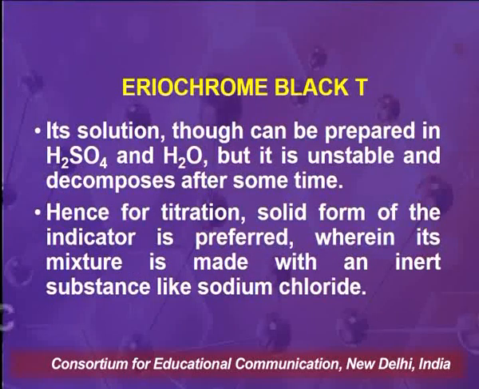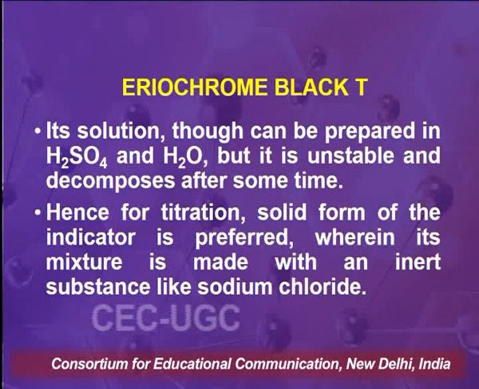Its solution, though, can be prepared in sulfuric acid and water, but it is unstable and decomposes after some time. Hence, for the titration, the solid form of the indicator is preferred, wherein its mixture is made with an inert substance like sodium chloride.